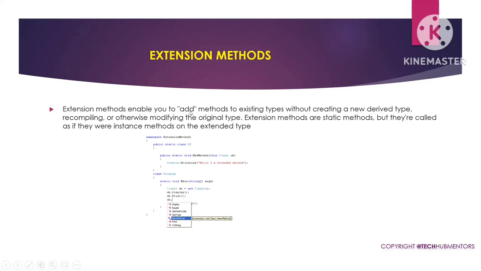Extension methods enable you to add methods to existing types without creating a new derived type, recompiling, or otherwise modifying the original type. Extension methods are static methods, but they are called as if they were instance methods on the extended type.